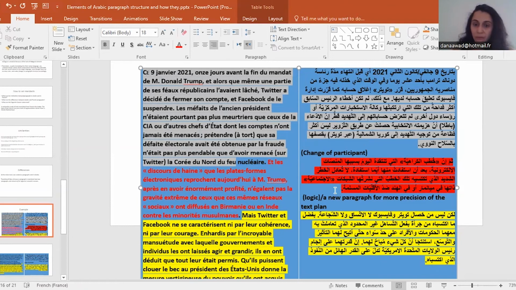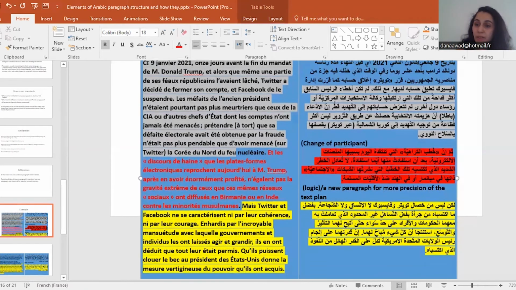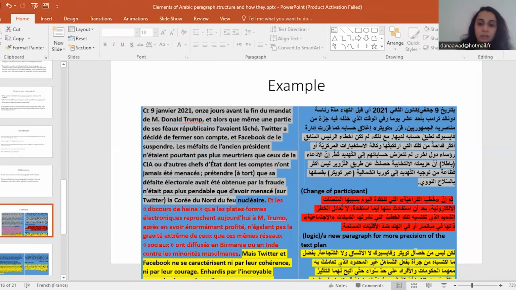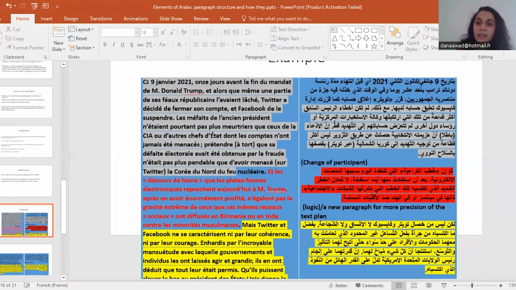We also have logical reasons. The next separation that is different from the original was for logical reasons, and it was to explicitly or more clearly explain the text plan, or how the rest of the text is going, where the author is going.